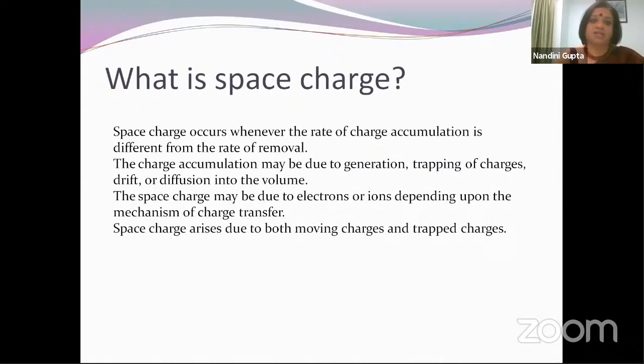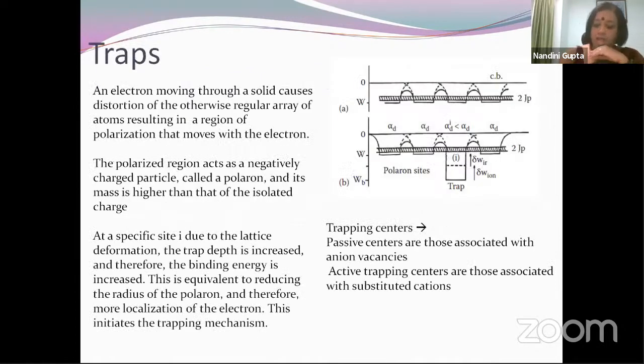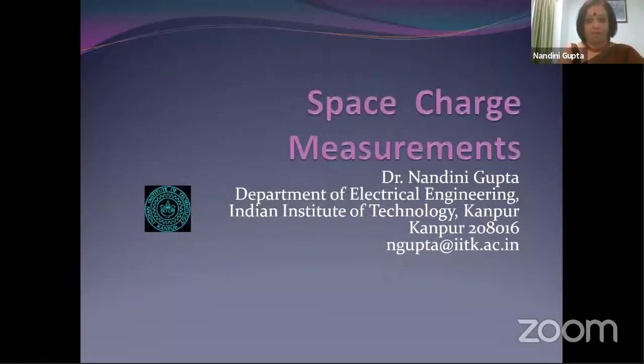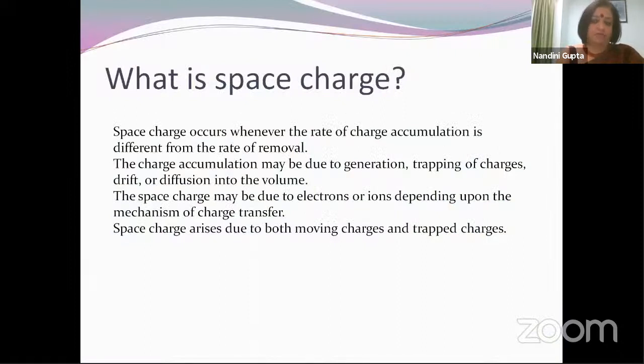What I mean by bound charges is that you may see them as isolated positive charges or isolated negative charges in their effect on the electric field. However, they will never be able to travel through the dielectric. They can only move around their equilibrium position in response to the electric field. And therefore, the bound charges are the charges that are responsible for polarization, and therefore bound charges are responsible for the permittivity of the dielectric medium. So this is about free and bound charges.